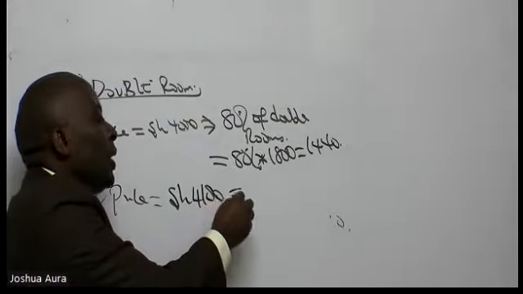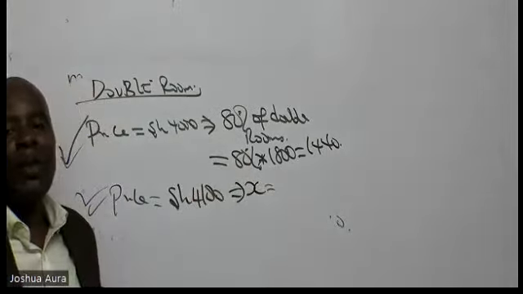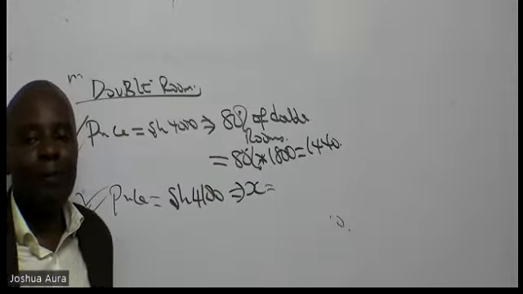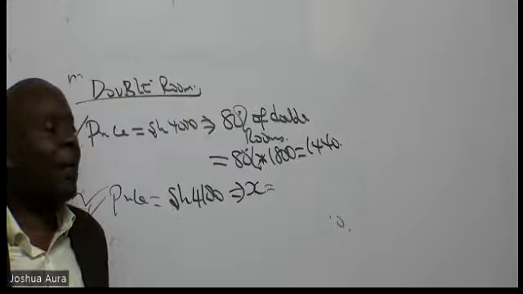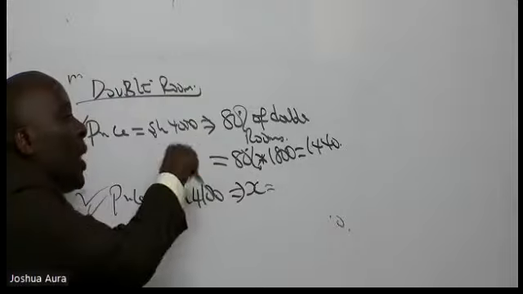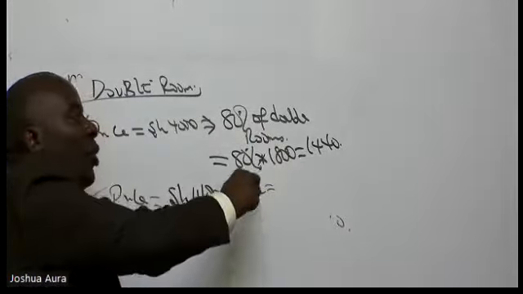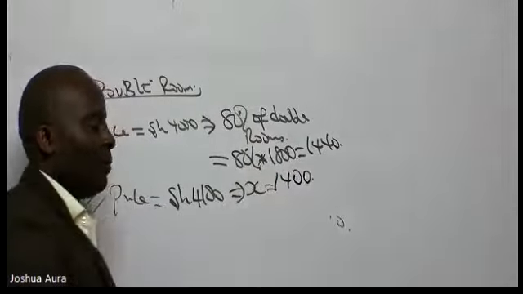When I increase the price by 100, demand goes down by how many units? By 40. So I take 4,000 plus 100, and the quantity consumed now will go down: 1,440 minus 40 gives me how much here? 1,400.